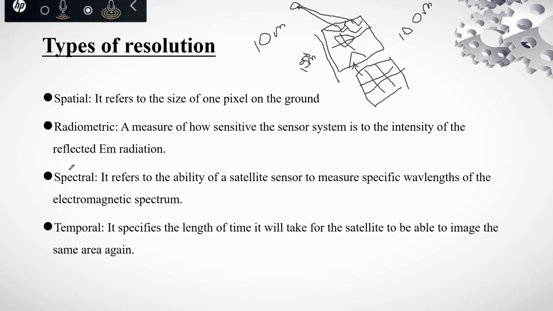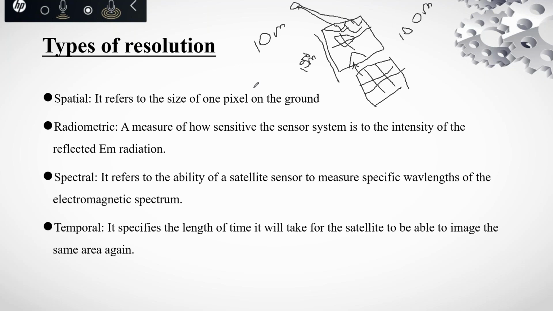So for that we use spectral resolution. As we know in a spectrum, red has a different wavelength, and blue has a different wavelength. So spectral resolution measures the different wavelengths of the electromagnetic spectrum, and then we can see the images in various colors.